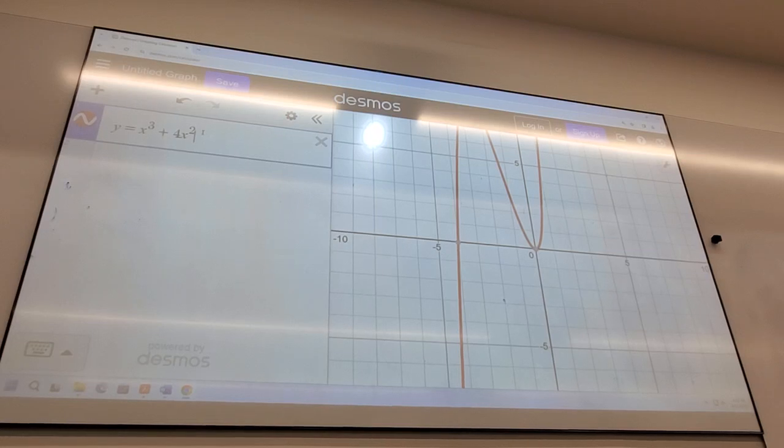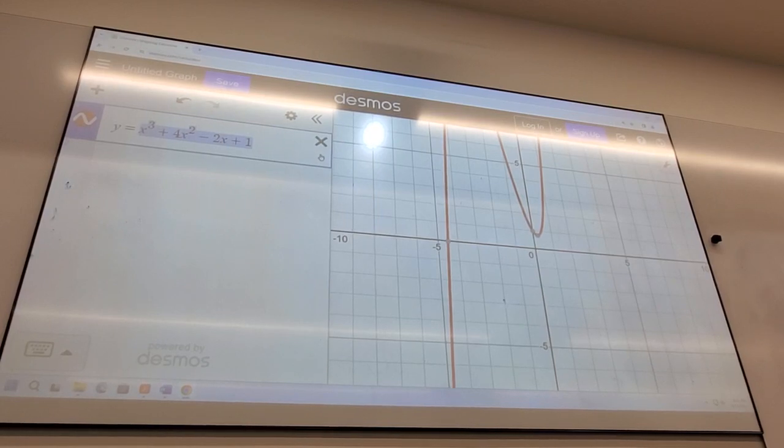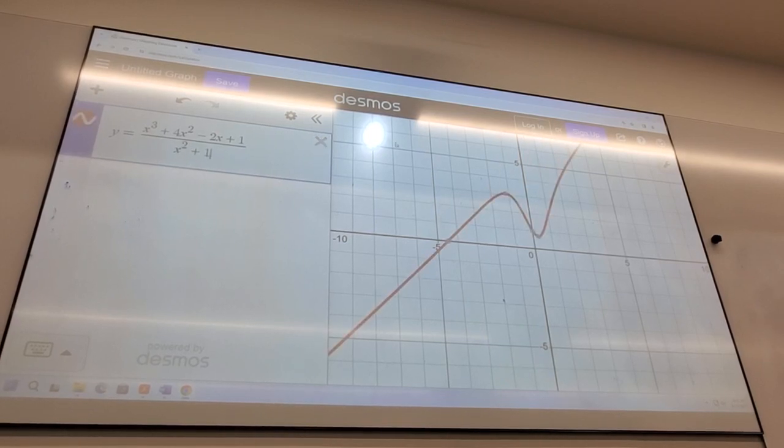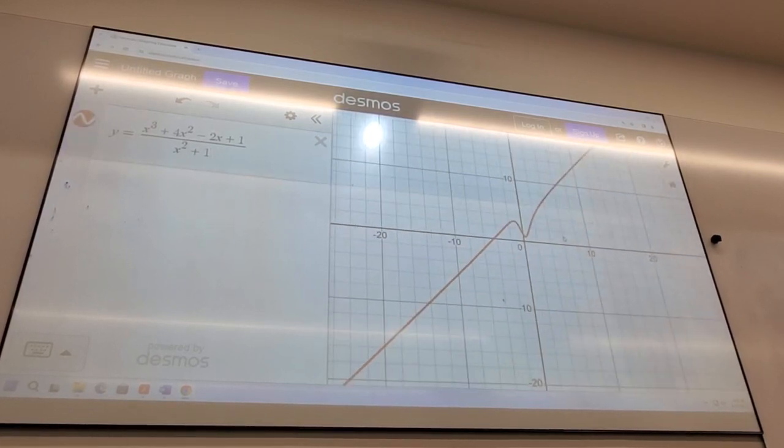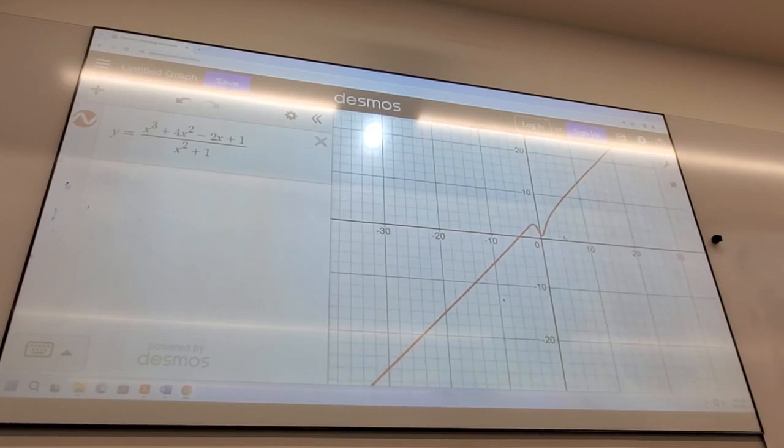If you highlight all of this and then say divided by, now look at that funky dude. Looks like a weird diagonal heartbeat thing. Do you see how as x gets big, those look very linear?